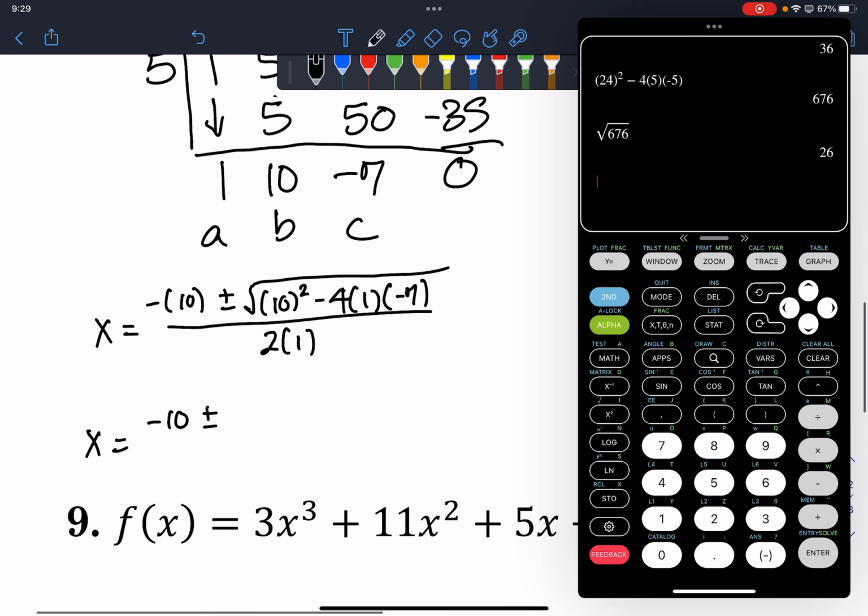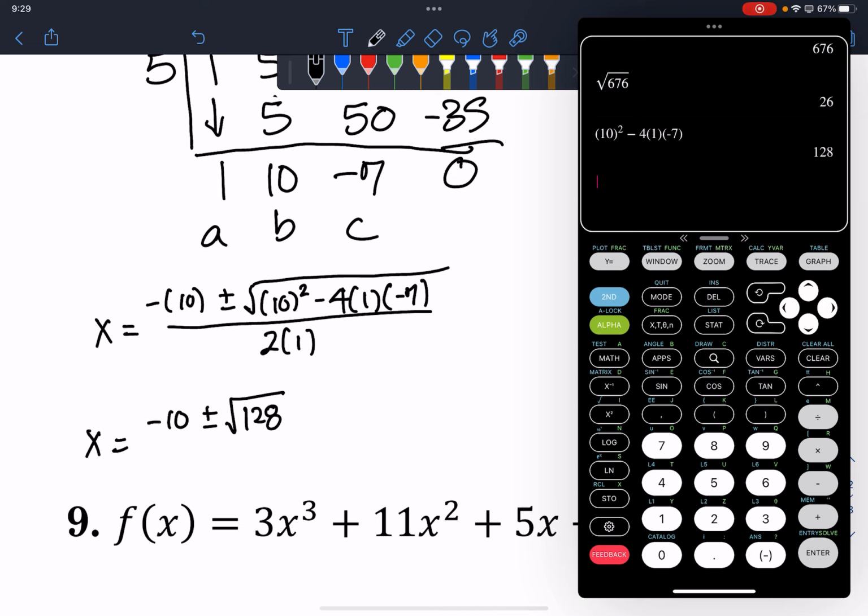All right, so we have 10 squared minus 4 times 1 times negative 7. That's 128. We're going to divide that by 2.